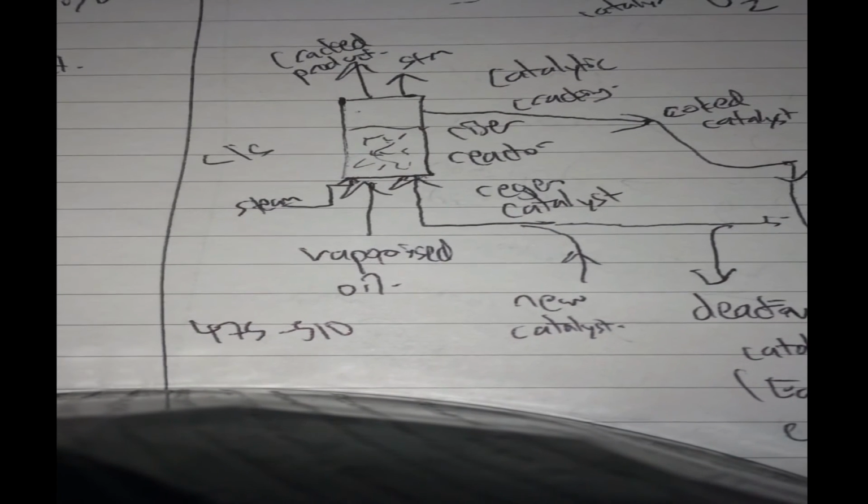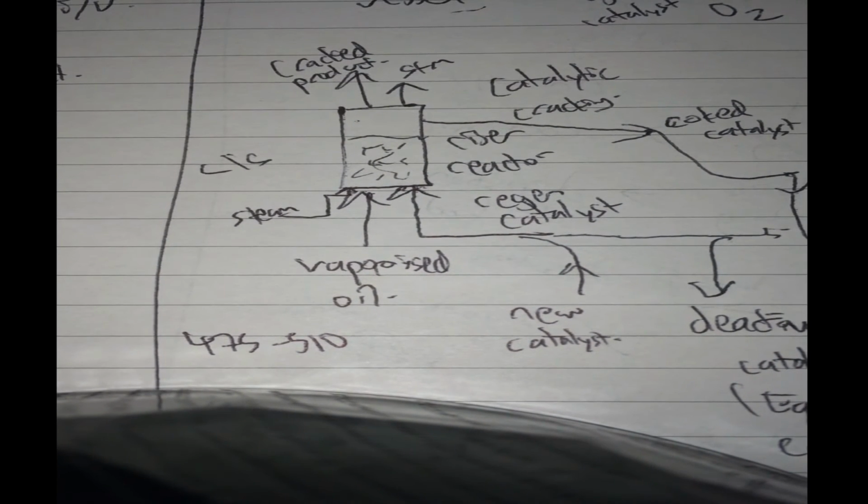Well, we have our temperature range of about 475 to 510, or even more. You can go up to 530 if you want. And so how do you achieve this temperature? Because this vaporized oil is going to come in at around 370 or so, because you don't want it to thermally crack beforehand.